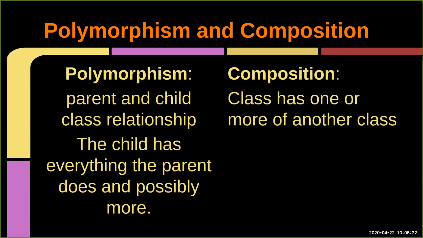And then polymorphism and composition. Polymorphism is essentially the parent-child relationship. It can take many forms, and children have everything that a parent has, and hopefully more. You rarely see instances of polymorphism where the child only has the parent stuff.